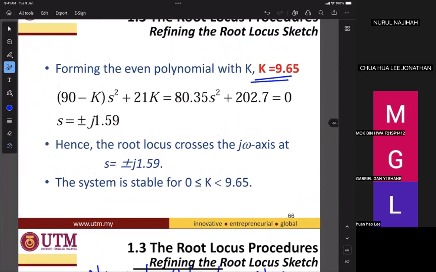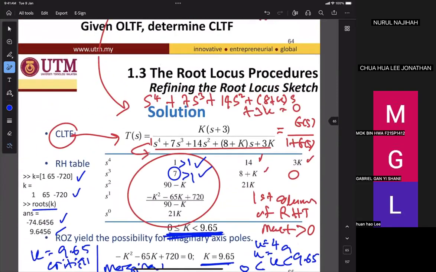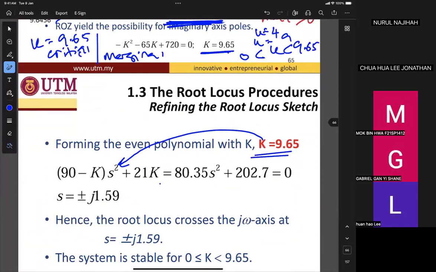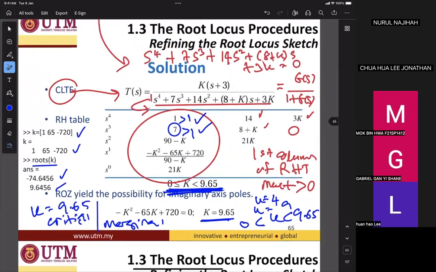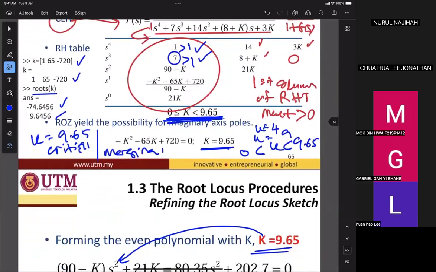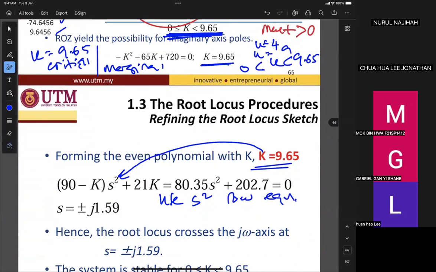We insert it inside the Routh table equation, at S squared. Use the S squared row equation. So you will get 90 minus K plus 21K, S squared.